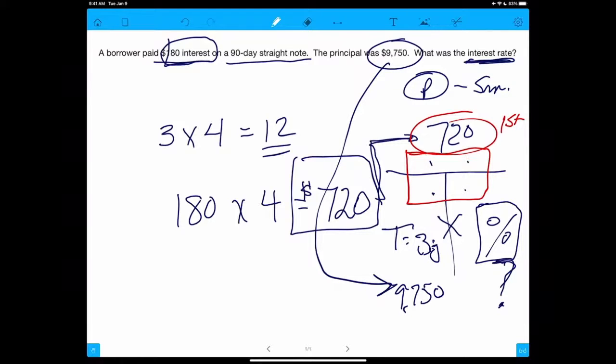So I want to take $720 and divide that by 9,750. That's going to give me 0.07384, but we just move that over 2 places, and that gives us a 7% interest rate.